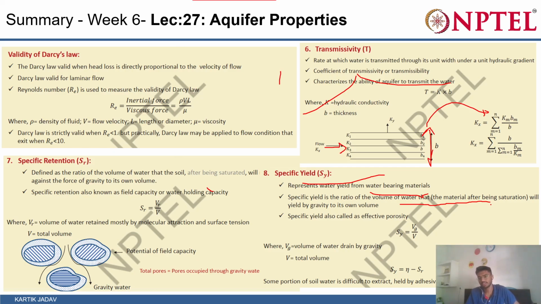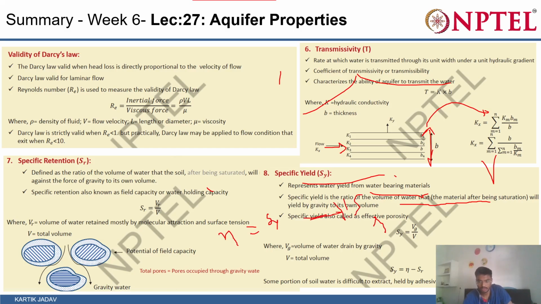Effective porosity tells us what amount of the total pores contributes to the flow. Also, total porosity is equal to specific yield plus specific retention.